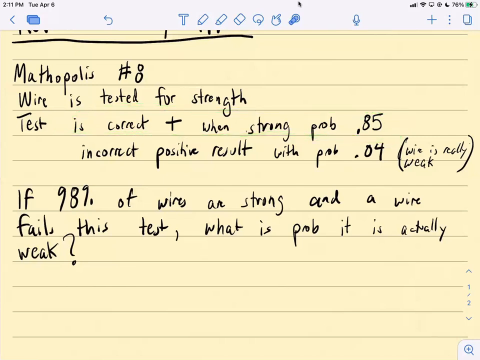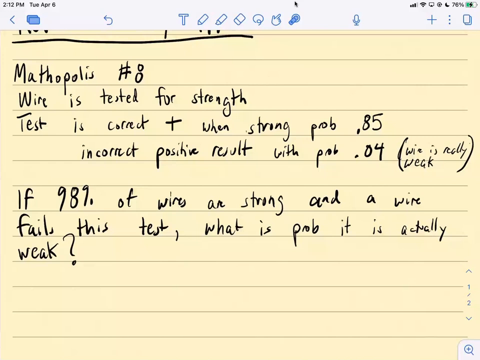So if you look at the overall probability of strong to weak wires in the overall population of what they manufacture, most wires are strong. So if you look at the population of wires that would get a negative on this test, most of the negatives will come from the strong wires. So given a negative test, it's not really guaranteed that the wire is actually weak. It's probably going to be 50-50.